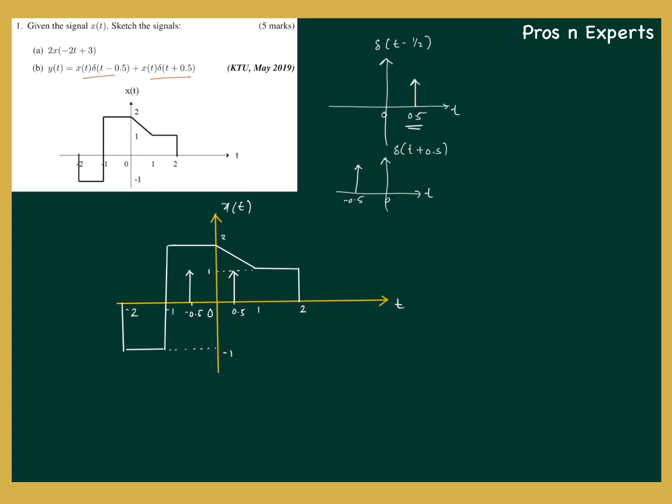So when you multiply x of t with del of t minus 0.5, this signal into this entire signal will give you a signal located only at t equal to 0.5. Okay, and that will be an impulse signal again. Impulse into any signal is an impulse signal. So this output will be like this.